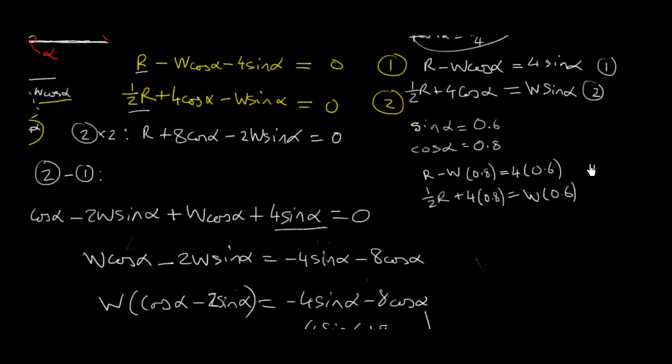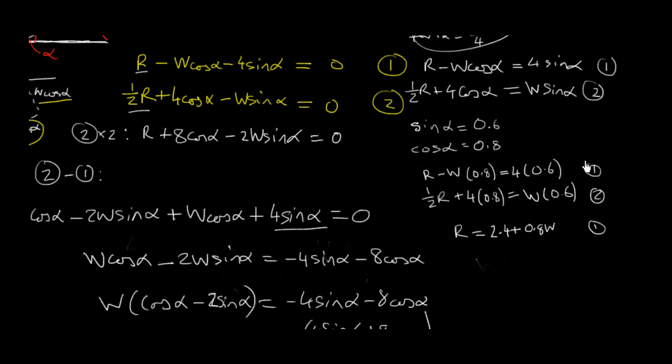So I'm going to take equation number 1 and leave the r alone, which would be 4 times 0.6, which is 2.4, plus 0.8 w.